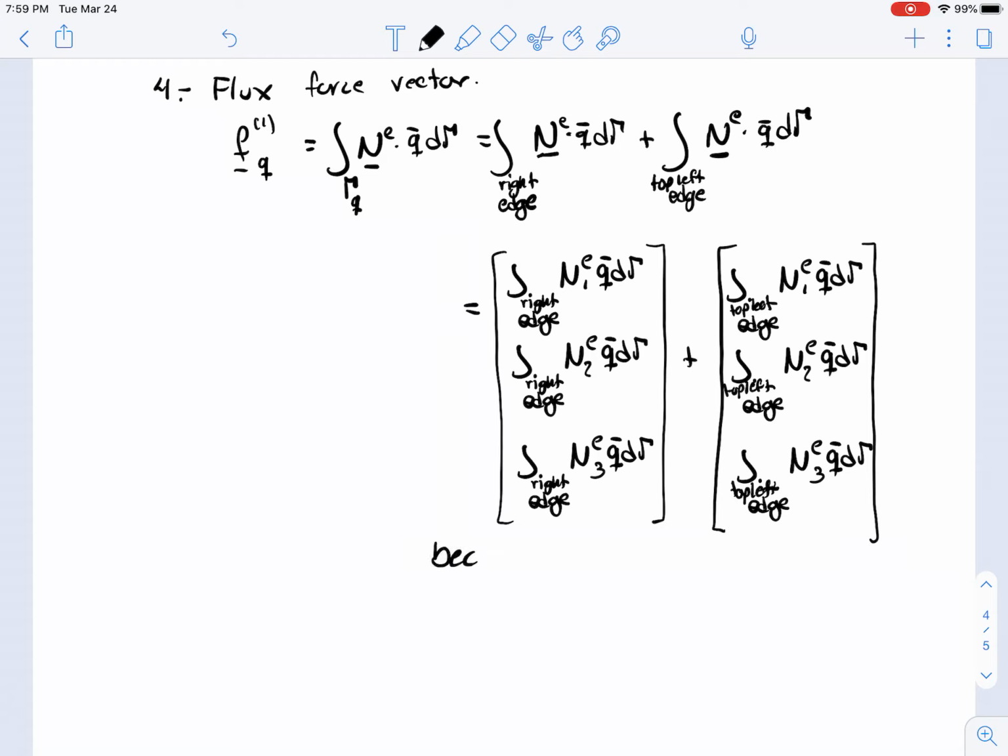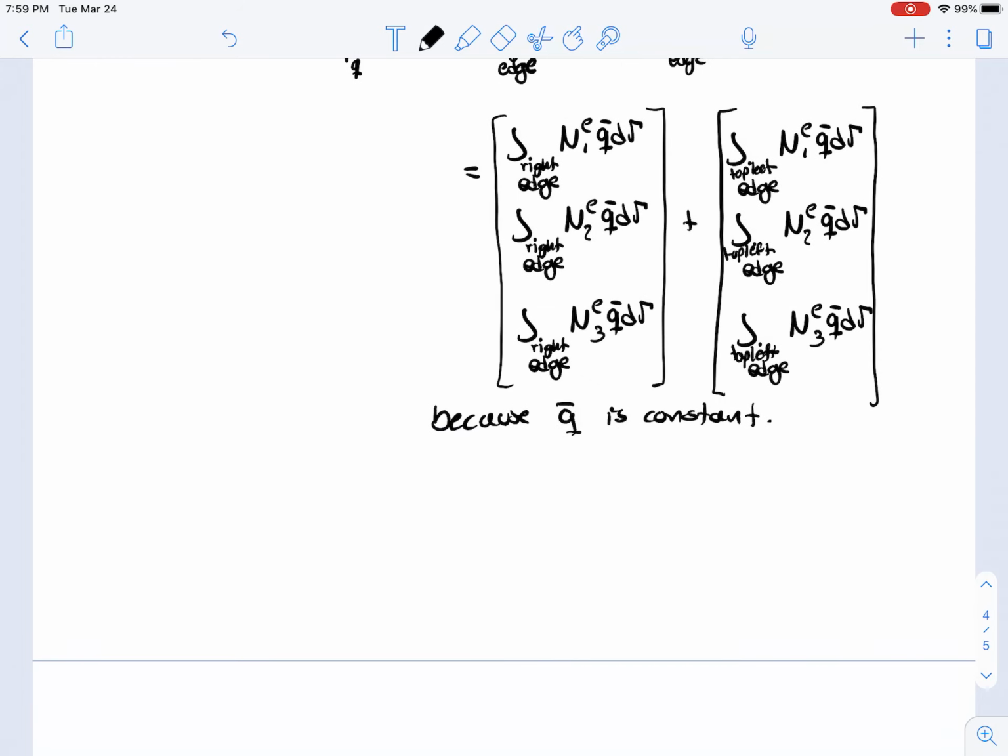Now again, because Q is constant, I can take it out of the integral. So I can just have basically Q bar times, and I'm just going to abbreviate that as right edge, RE.